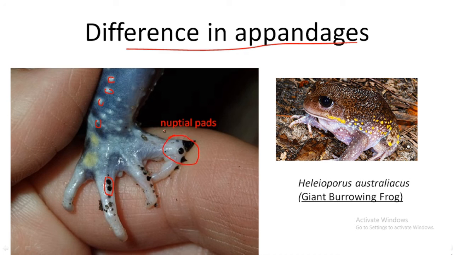It is present on the first finger of the forelimbs and is absent in the hind limbs. In some cases they have spike-like structures on their forelimbs. These structures help to hold the female very tightly during mating, right?